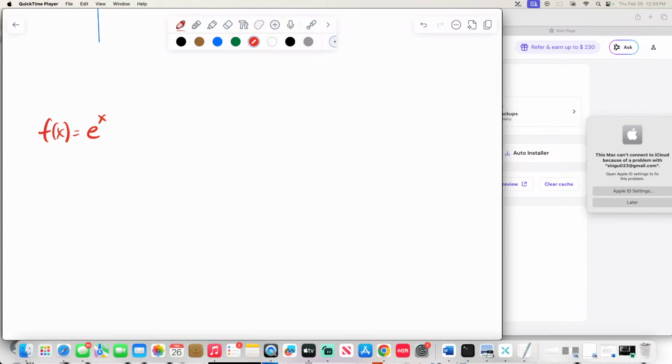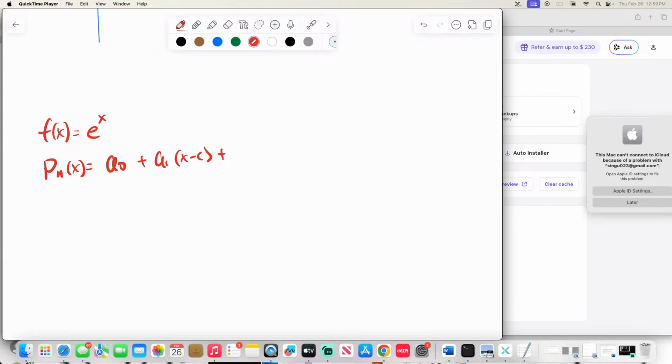And we know this approximation is going to be something like a0 plus a1 times (x minus c). Don't worry about what x minus c is, because usually we're going to assume that c is equal to 0.